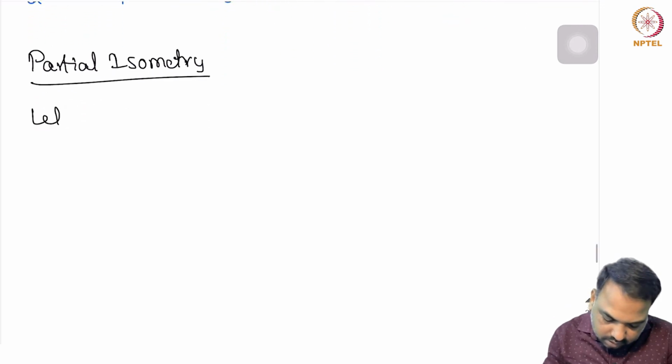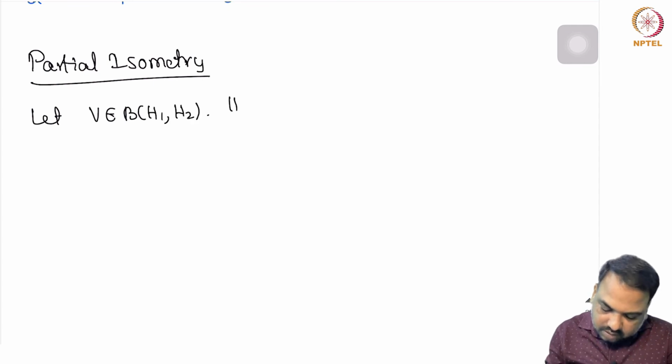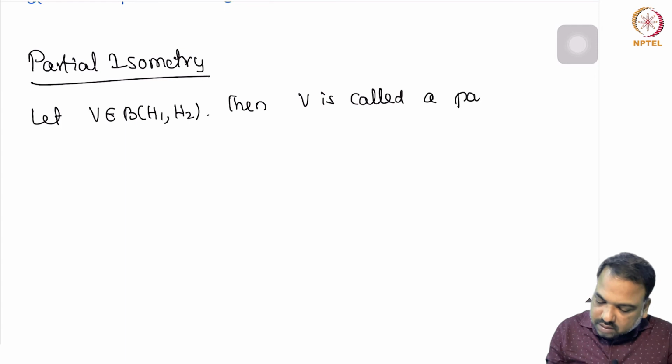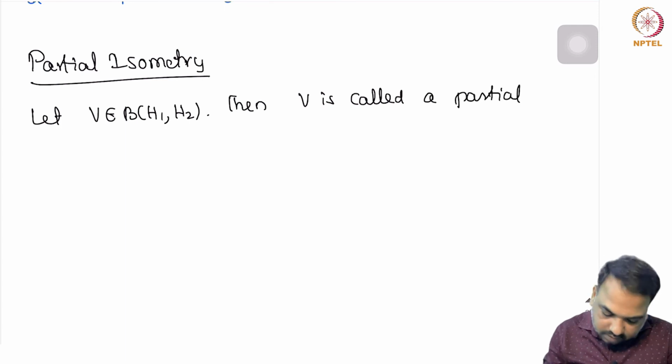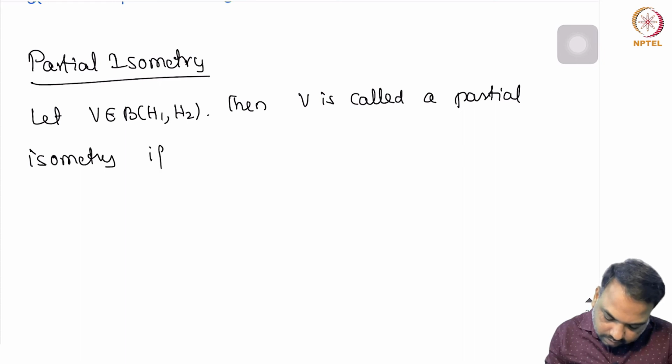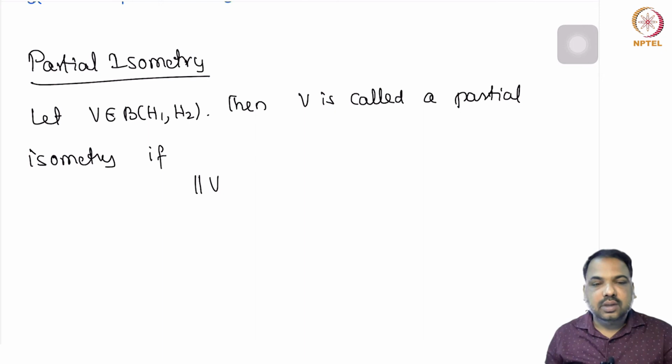Let V be a bounded linear operator from H1 into H2. Then we say that V is called a partial isometry if V restricted to null space of V perp is an isometry.